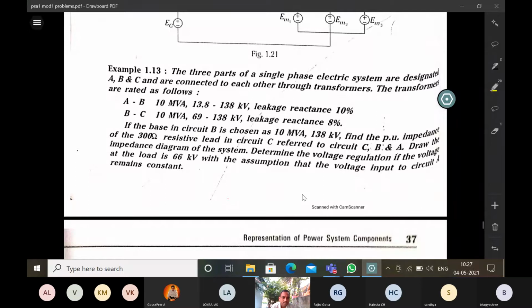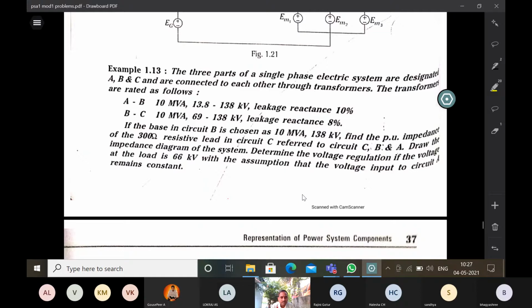B to C section, 10 MVA transformer, 69 kV bar 138 kV. Leakage reactance is 8%.